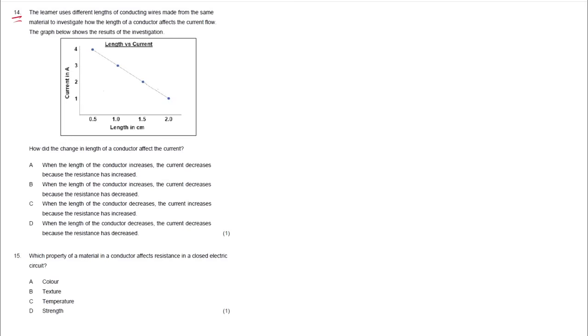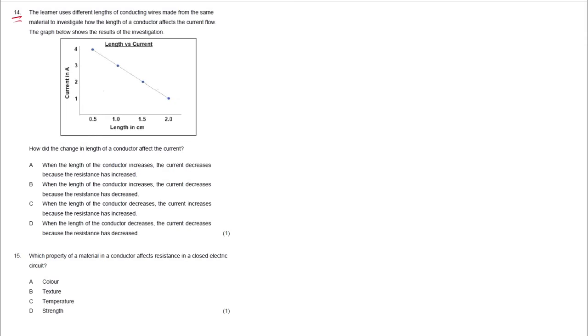So question 14 says that the learner uses different lengths of conducting wires made from the same material to investigate how the length of a conductor affects the current flow.